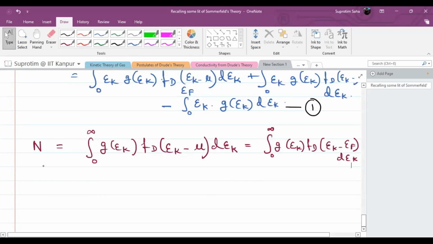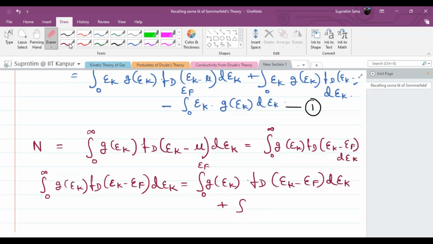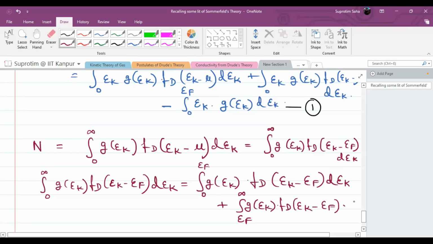So now this integral can be split again into two parts: 0 to Ef of g of Ek Fd of Ek minus Ef d of Ek, plus Ef to infinity of g of Ek Fd of Ek minus Ef d of Ek.